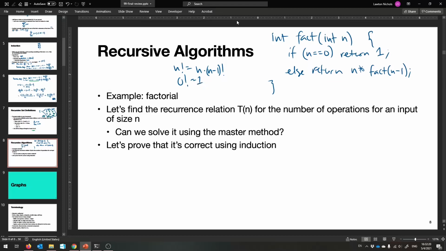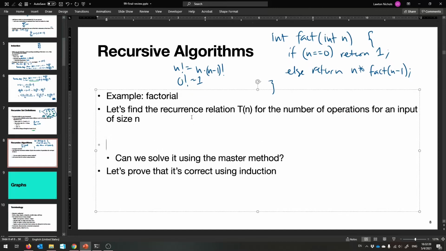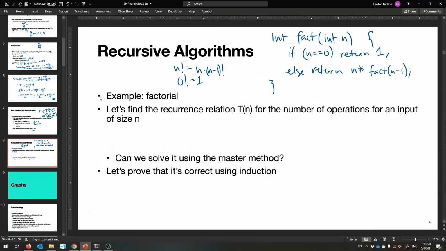We talked about running time analysis for recursive algorithms. Let's find a recurrence for the number of operations for an input of size n. So T of n is the number of operations for an input of size n.